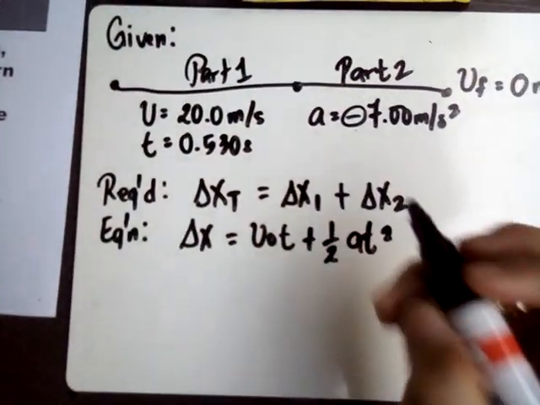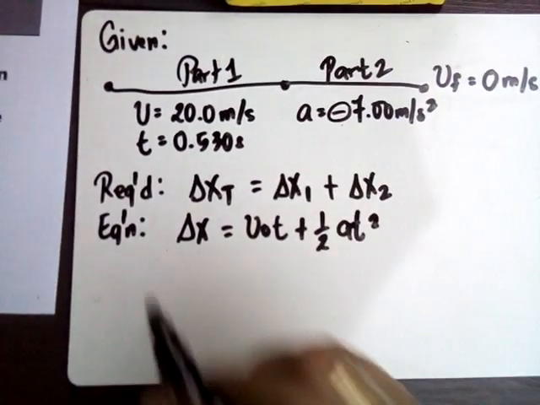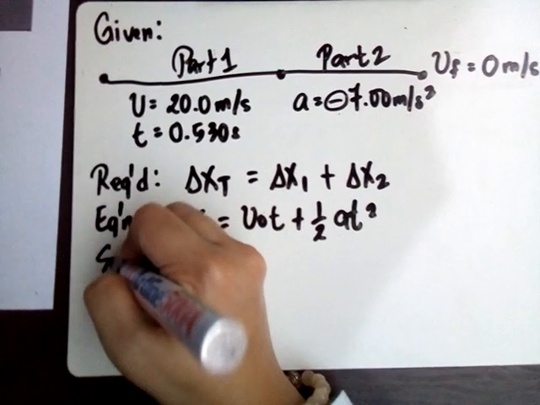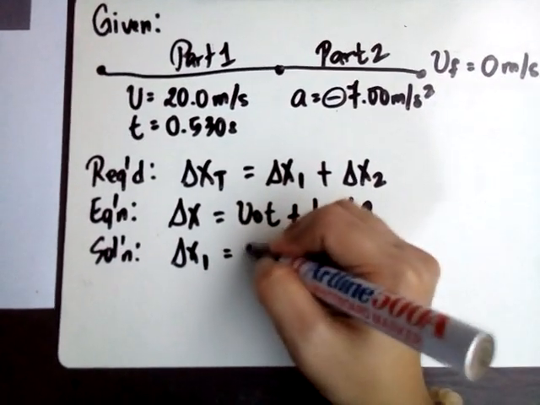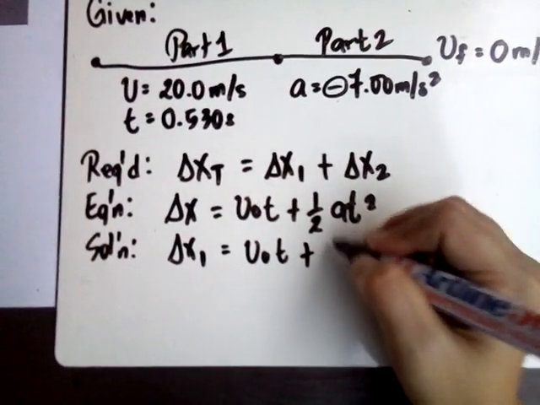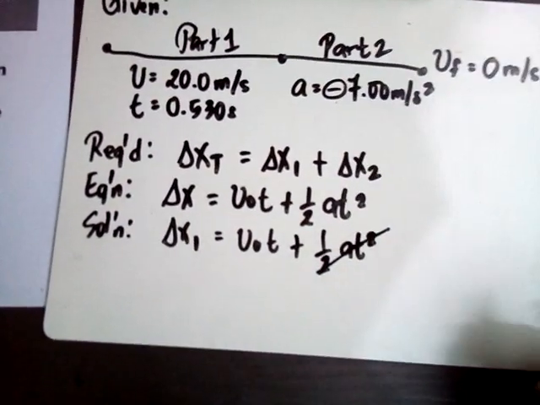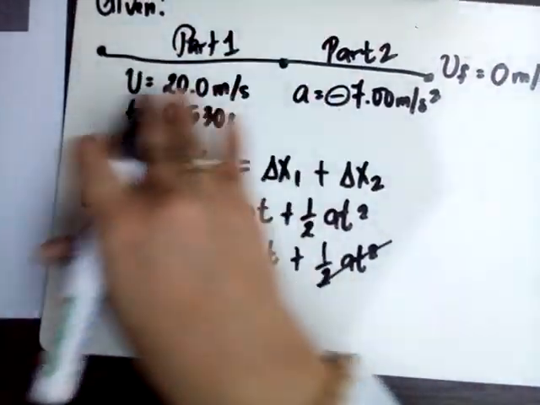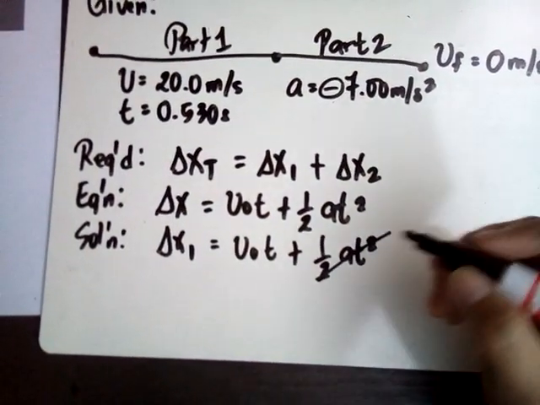So from here we can get the distance traveled in the first part of the motion. So for our solution, delta x1 equals v naught t plus 1/2 at squared. Now, the 1/2 at squared cancels. Why is that? Because we will assume that the car is moving at a constant speed of 20 meters per second. Therefore, the acceleration is 0.